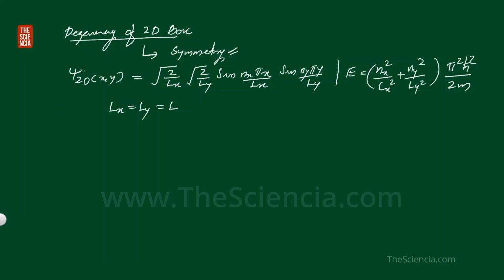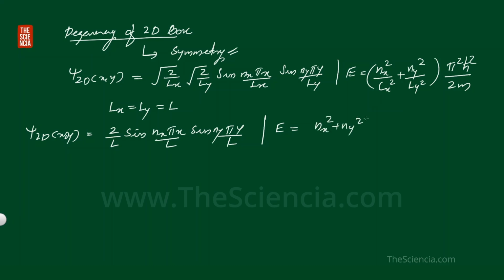Then the 2D wave function is equal to 2 by L sin(nx pi x by L) into sin(ny pi y by L), and the corresponding energy E becomes (nx square plus ny square) into pi square h bar square by 2mL square.